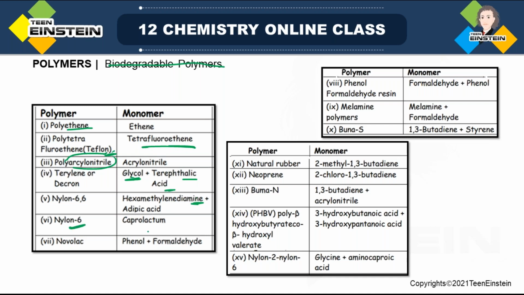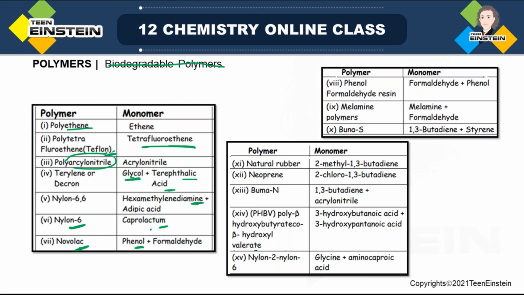Then nylon 6, a single monomer, but both types of groups are present in the single monomer, NH2 and CO2H. Novolac is actually the intermediate which you get before getting the final compound, which is bakelite. So Novolac is also a polymer, and these are the monomer units.